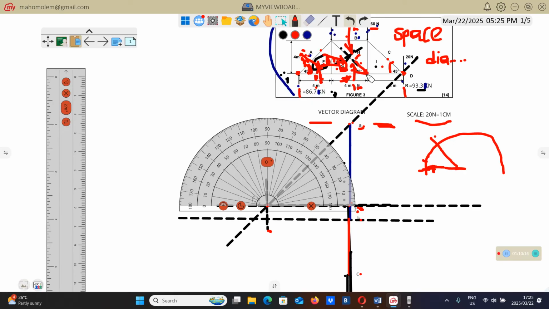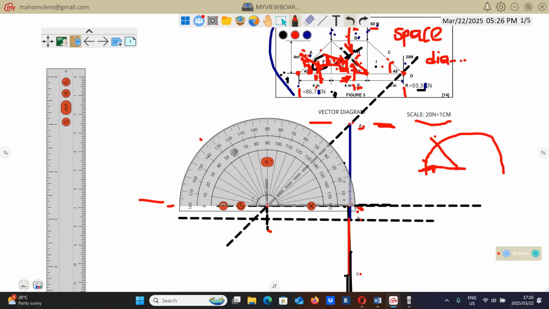This angle of 45 is measured from the left hand side of this joint. So our angle will have to be measured from this side. So this is 0 somewhere here. You measure 45, and you can mark it here.